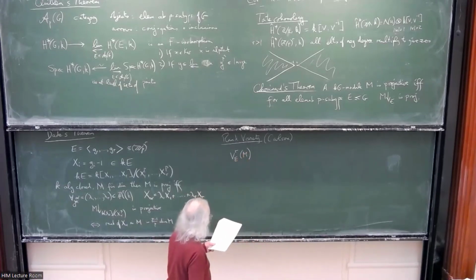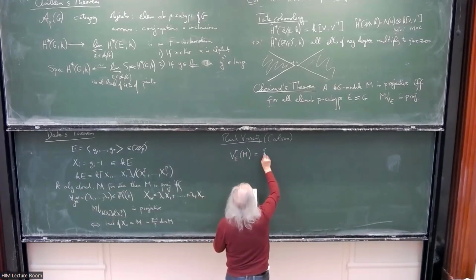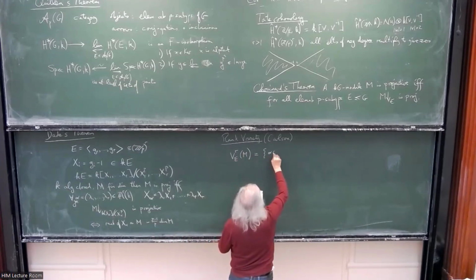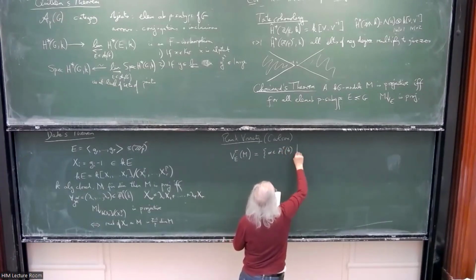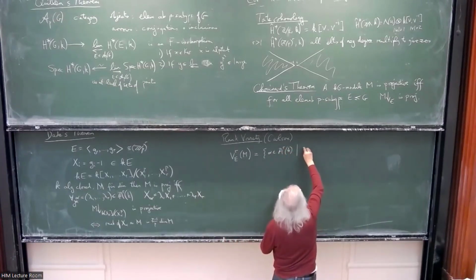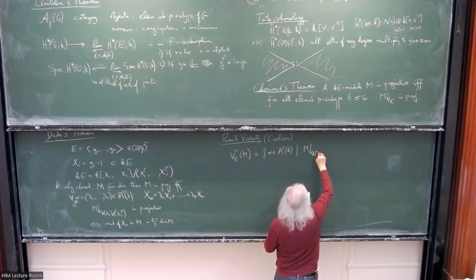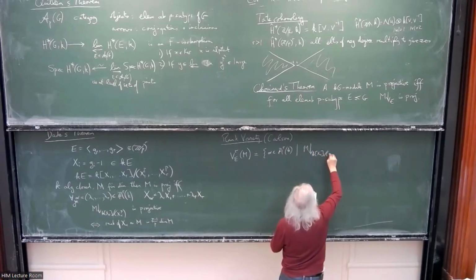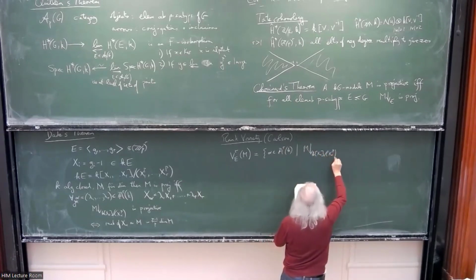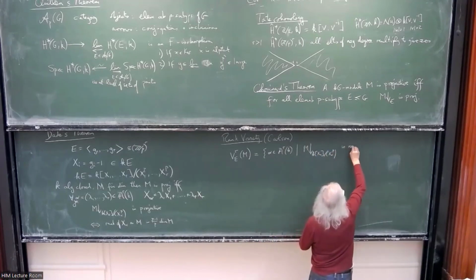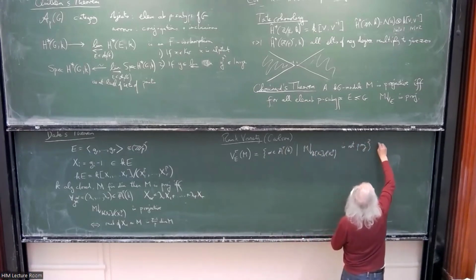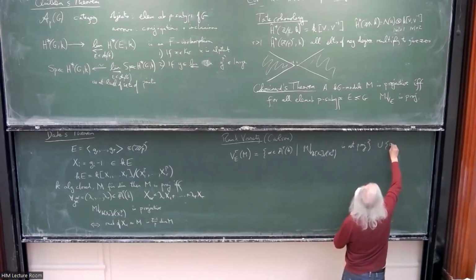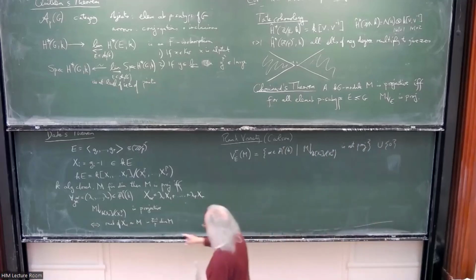The rank variety of M is the set of alpha in affine space such that M restricted down to K of x_alpha modulo x_alpha to the p is not projective. And we also chuck in 0 because we excluded it over here.